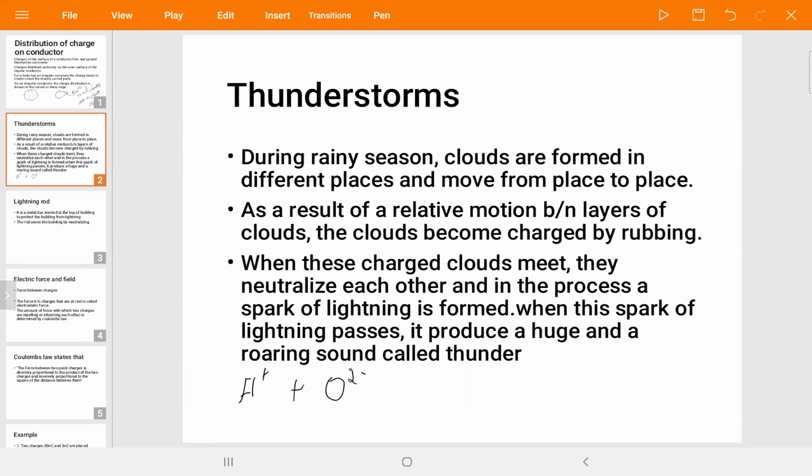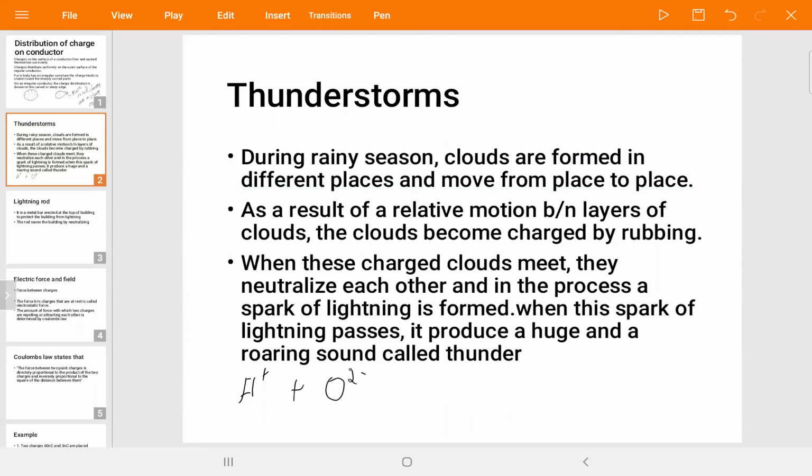Since there are two types of charges, they make a neutralization. For example, electrons may flow from a negative region to a positive region. While this process is taking place, sparking is formed and a lightning will be formed.